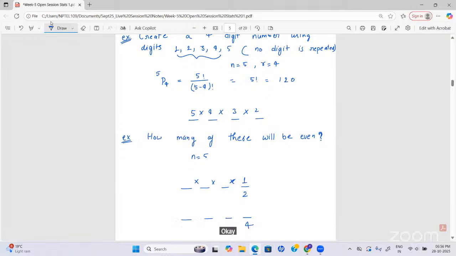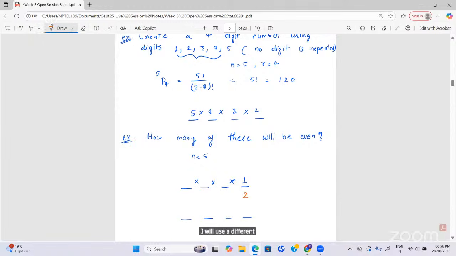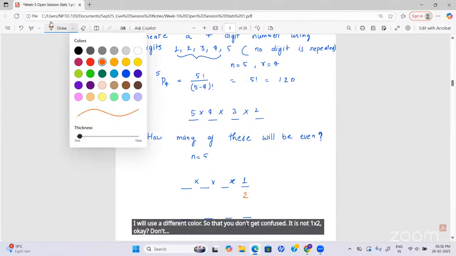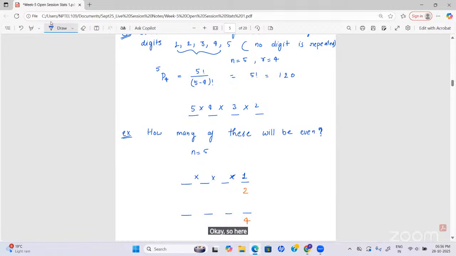I will use a different color so that you don't get confused. It is not 1 by 2, don't consider it as 1 by 2. Here we can fill with only one choice, because we are fixing 2 here.